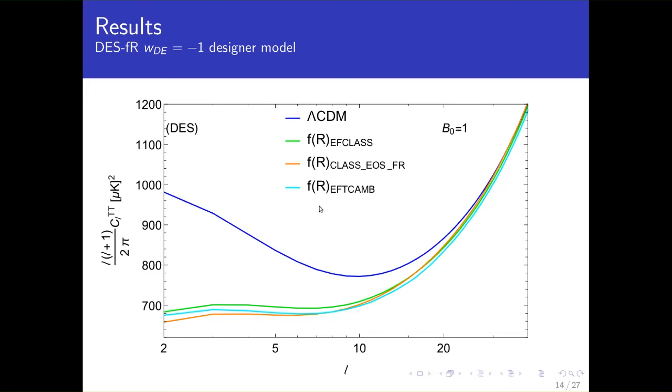We compared with other codes, EFTCAMB and class EOS f of R. These codes don't use any approximation as we do. And you can see as well for the case of the CMB angular power spectrum that the agreement between the codes is good.